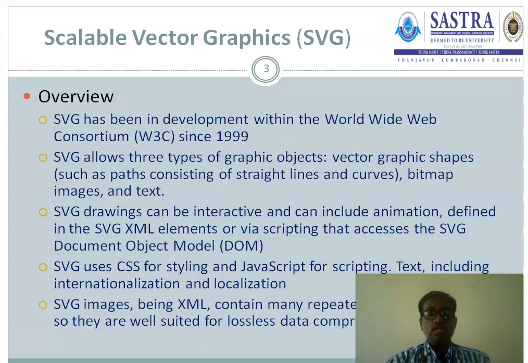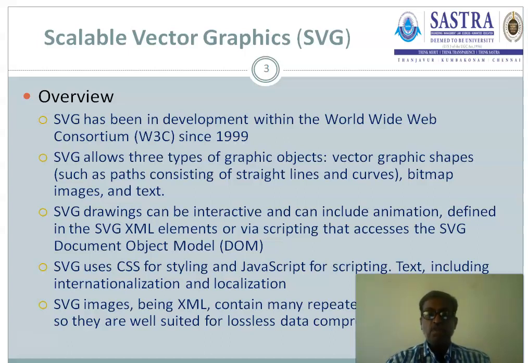And the next one: SVG images contain many repeated fragments of text, because the same kind of information may be available in the graphics in several locations. What is the benefit of that?